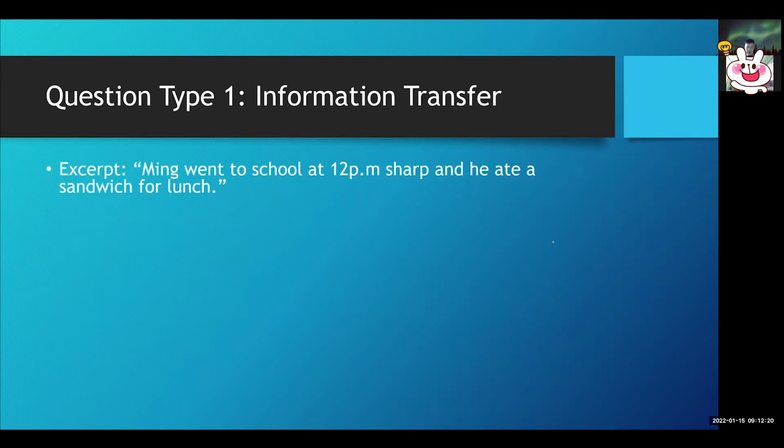So look at the sentence, right? Ming went to school at 12 p.m. sharp and he ate a sandwich for lunch. So this is a combination of how many sentences? Two. Question: at what time did Ming go to school? If you copy and paste the entire sentence, you will include the information about him eating a sandwich for lunch.